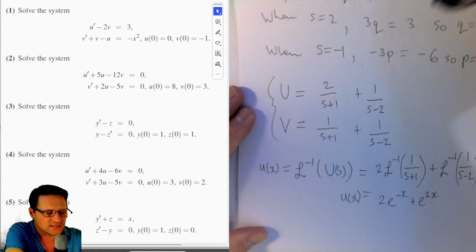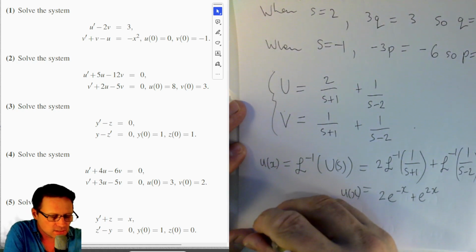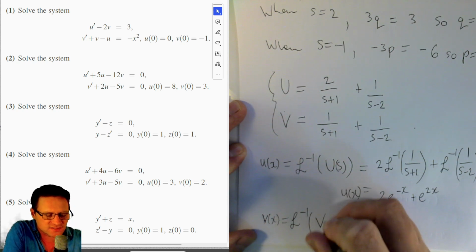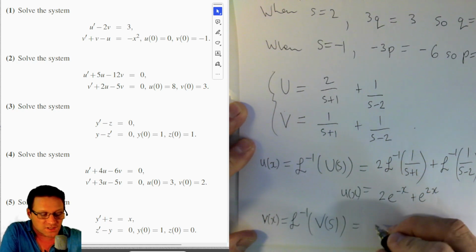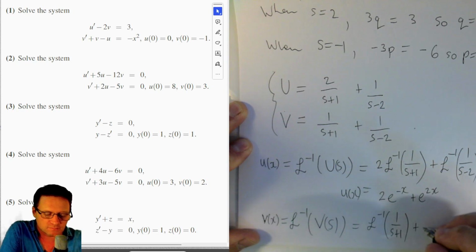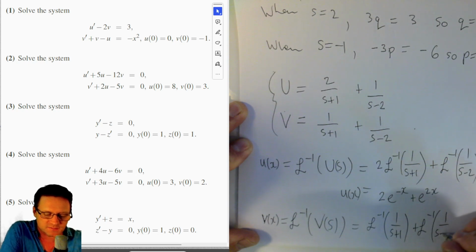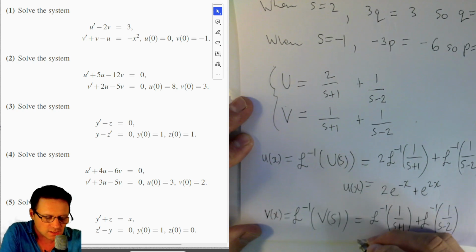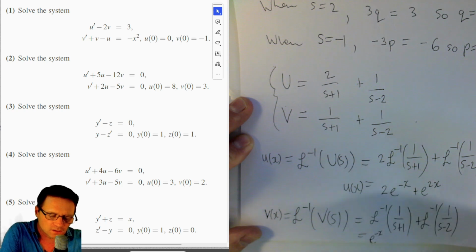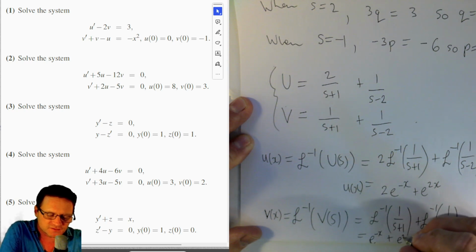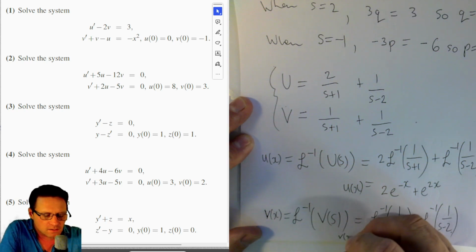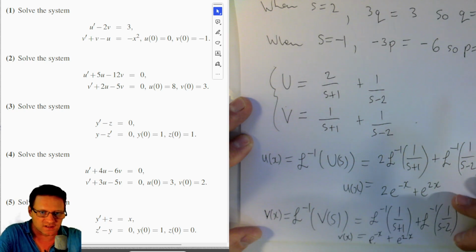Okay, now for the second equation there, lowercase v of x is inverse Laplace of uppercase V of s, which is inverse Laplace of 1 over s plus 1 plus inverse Laplace of 1 over s minus 2. And so that's e to the minus x plus e to the power of 2x, because we have a minus 2 there. Okay, and we have solved that system with these two solutions.